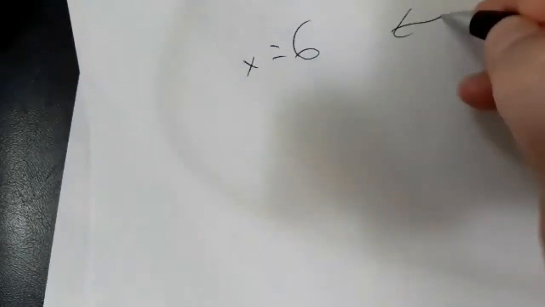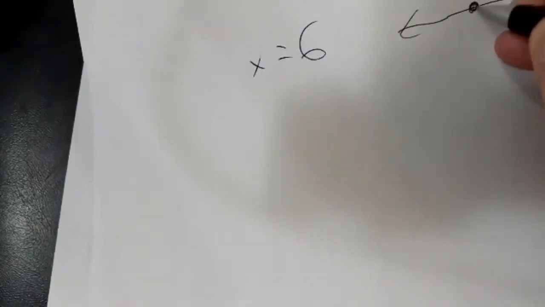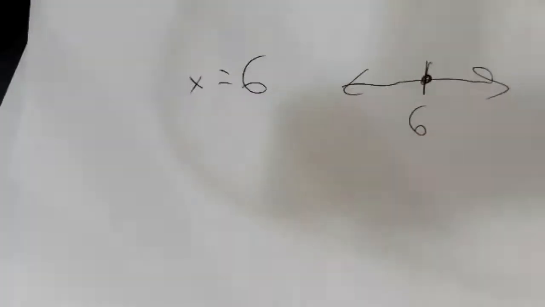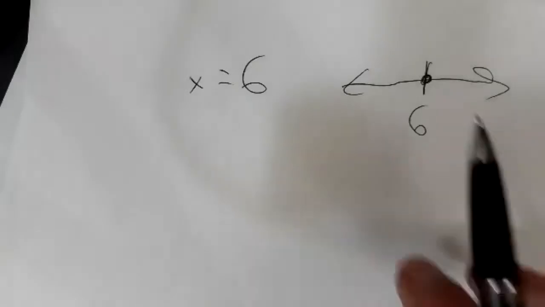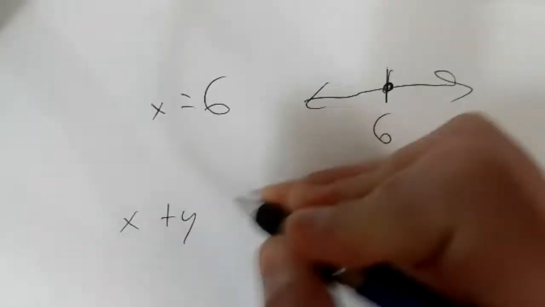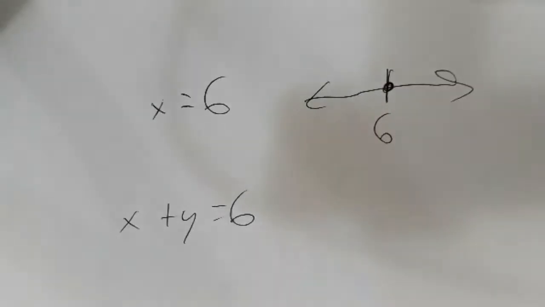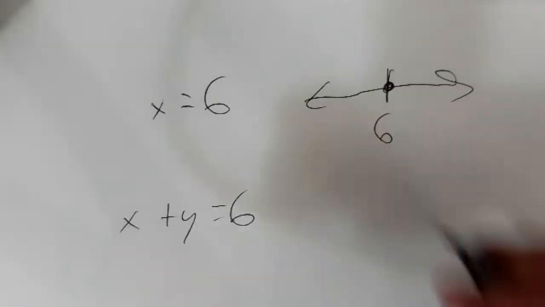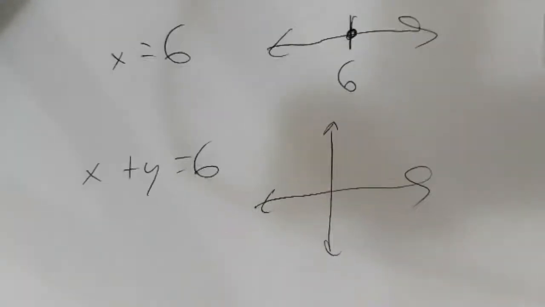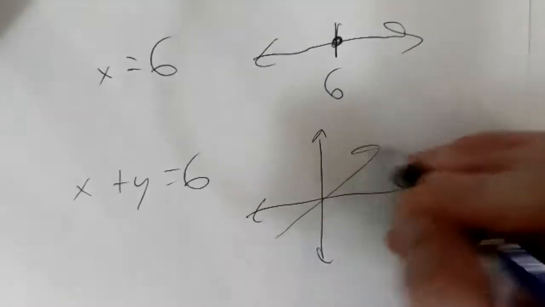If we have a single variable equation, like x equals 6, we could plot that as a point on a number line, right? So this has no dimensions. If we have something like x plus y equals 6, then we would have to draw an x and y axis, and it would look something like a line.